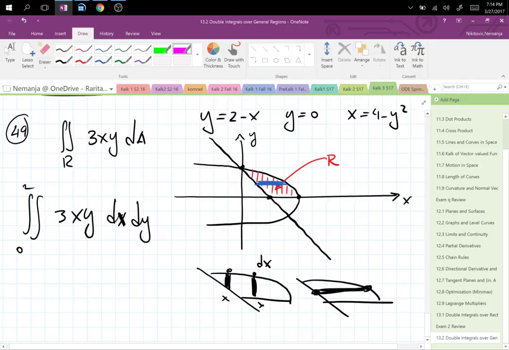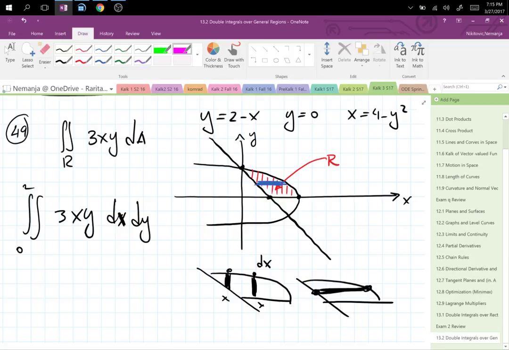Wait, hold on. For area, you just change the limit to negative 2? No, it's bounded by y equal to 0, so there are two separate regions. You have to specify the quadrant.